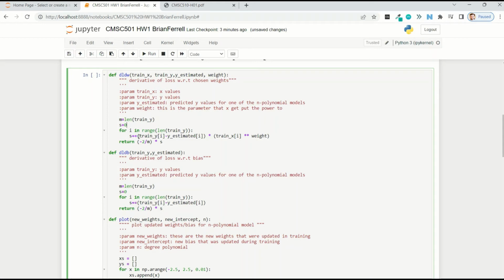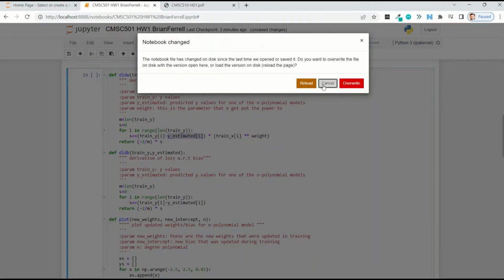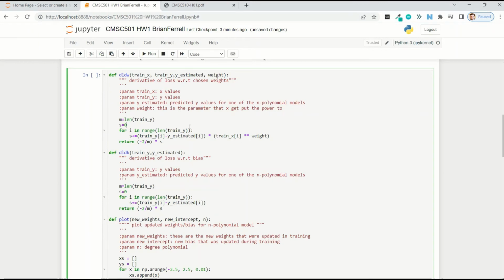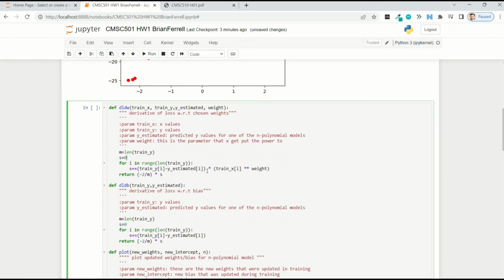Like in the formula, we have our y, and then we subtract our y estimate, and then we multiply it by our training data to the power of this weight, which is just going to be a number 1 through 4 or 1 through 5.